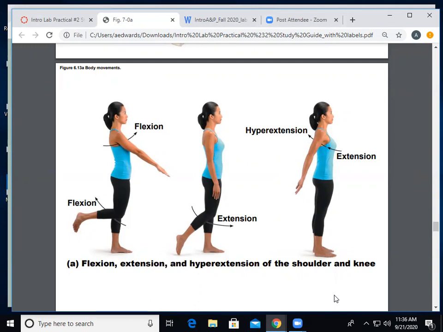Now if I move it back, I'm increasing the angle. It's essentially from my shoulder to my foot. You decrease the angle. It was 180 degrees. Now it's less than 180 degrees. Bring it back to 180 degrees is extension. Going back with my leg, that's hyperextension.